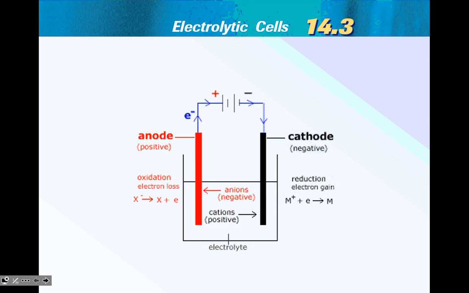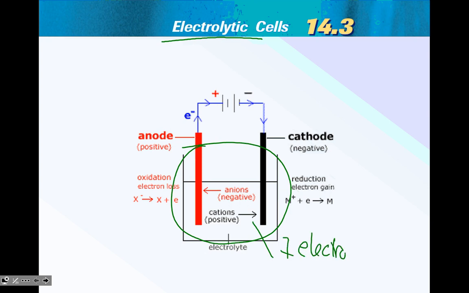It's our second last section for the electro unit, and it's just looking at a different type of cell. This type of cell, called the electrolytic cell, as you can see, is not split up. It's only in one container, one electrolyte. And another thing is that it does not produce voltage.